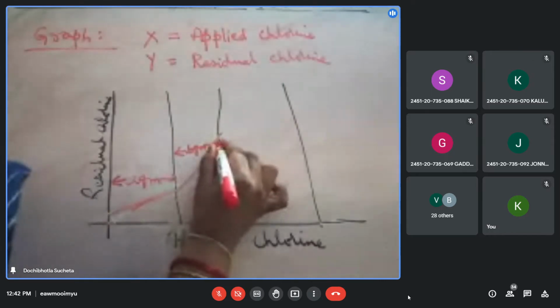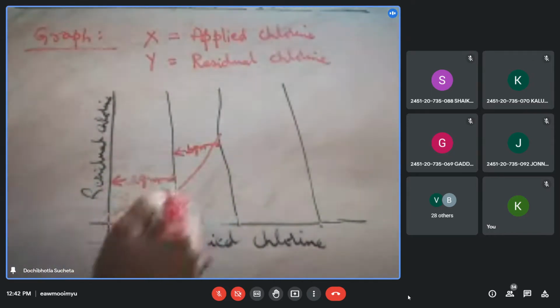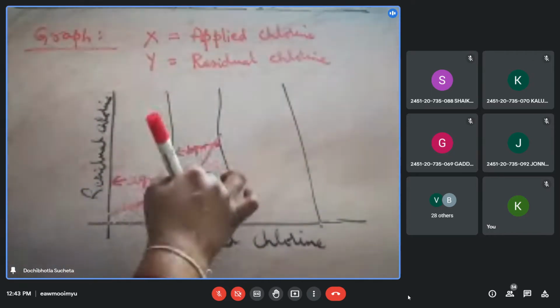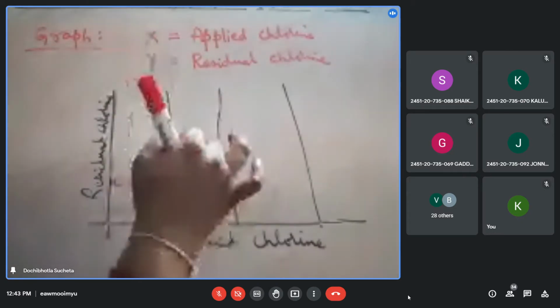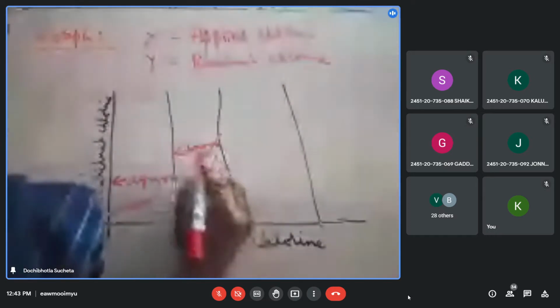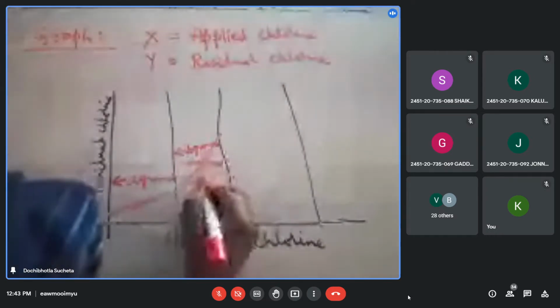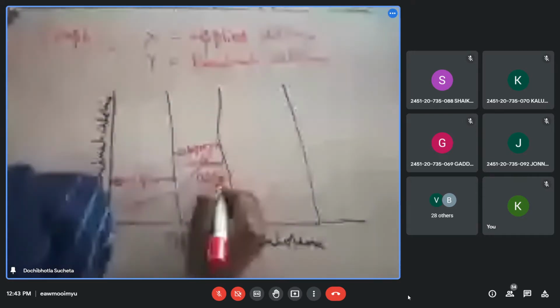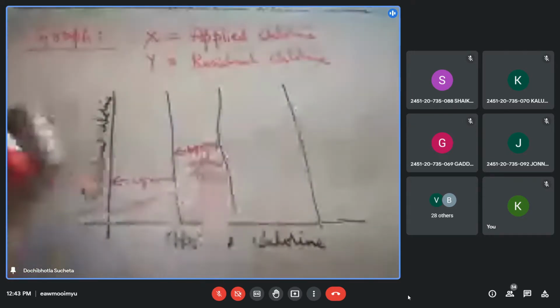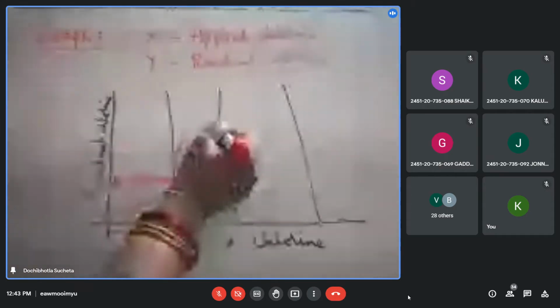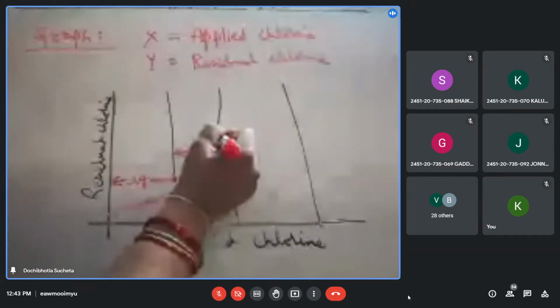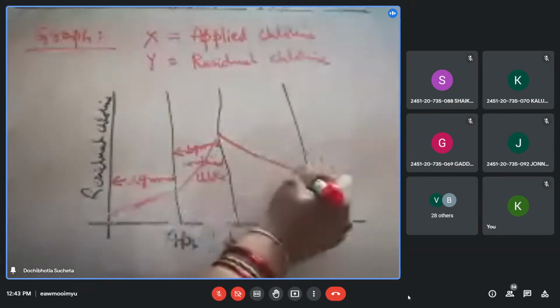So in B grams of chlorine, what is happening? It is reacting with the organic compounds to form organic chlorides or chloramines. This is the combined chlorine portion. Okay, that is combined chlorine. And the next part is this combined chlorine and the applied chlorine are doing the disinfection.